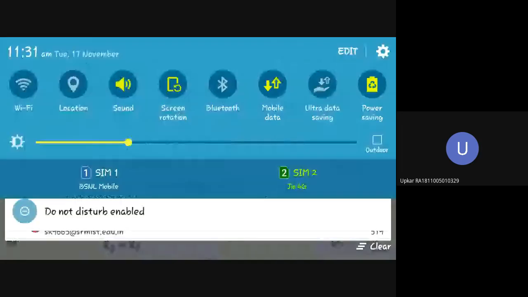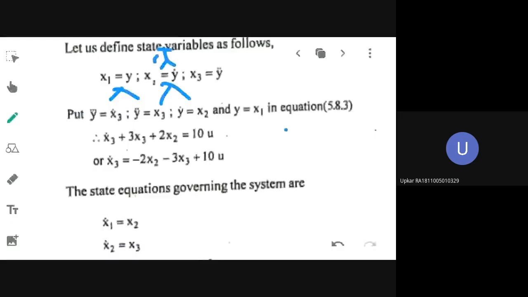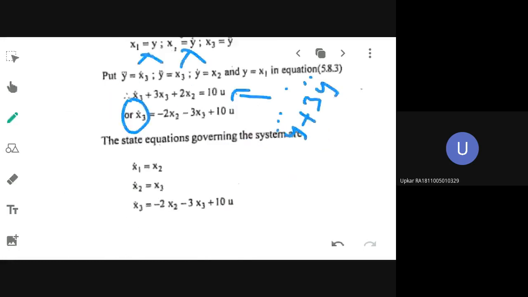Now the remaining thing I want to know is x3 dot, that I will write down from the given equation, that y triple dot plus 3y dot, like that. That equation in terms of x they have written, and from that equation they have obtained x3 dot. Now I have got the 3 state equations, with the help of which I can frame the matrix and I can find out what is my A. So tell me what is my A.